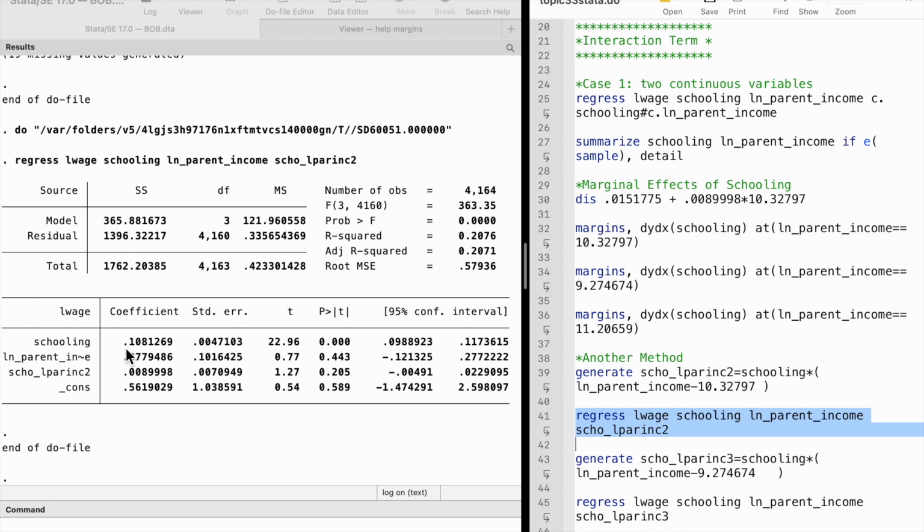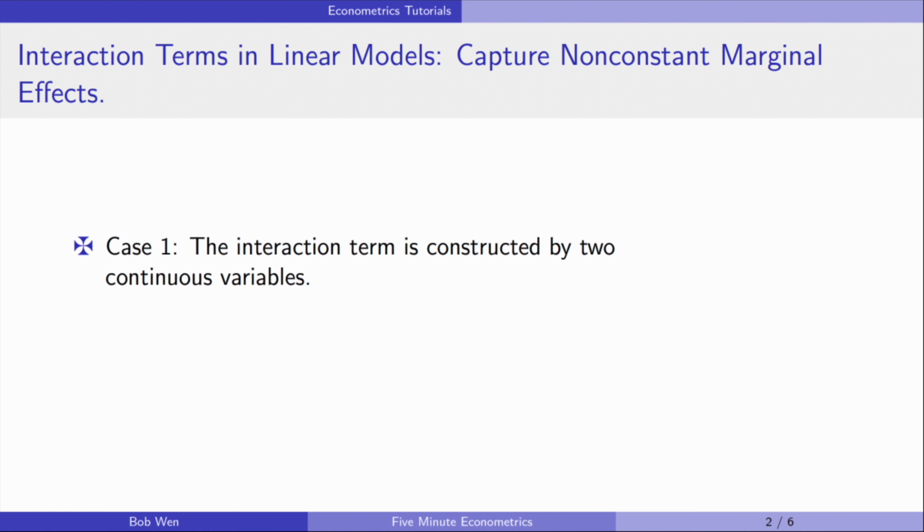It leads to the same results as the first method. This is the case when the interaction term is constructed by two continuous variables.